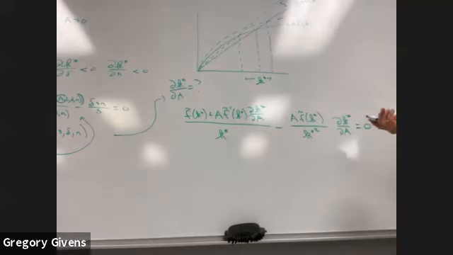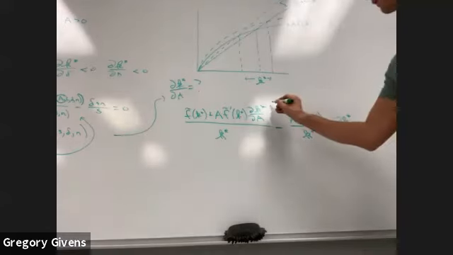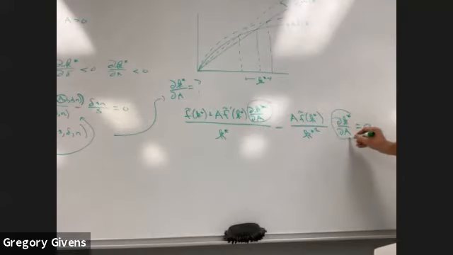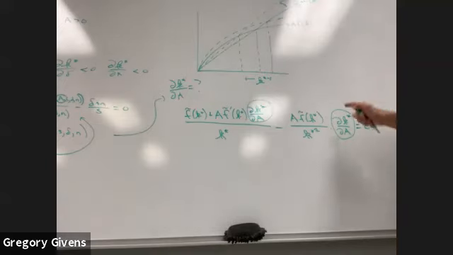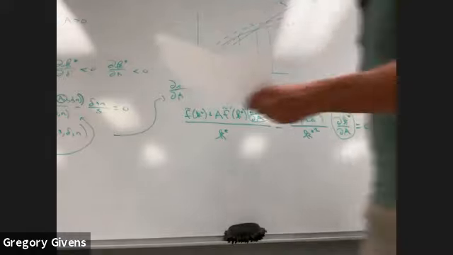Now this looks like a complicated expression, but what do we see? It depends linearly on the comparative static we're looking for. We should be able to solve for dK dA, and we can do that.